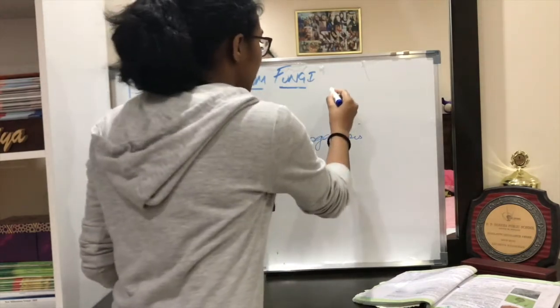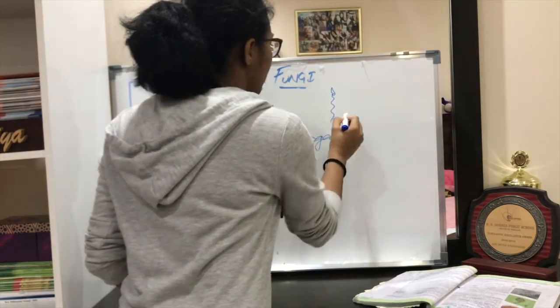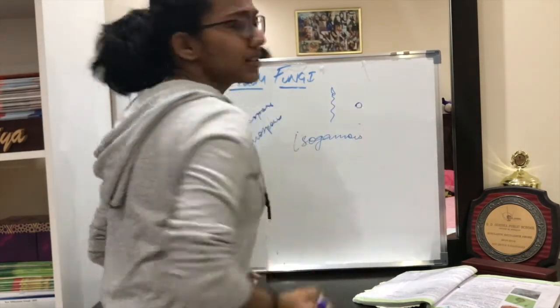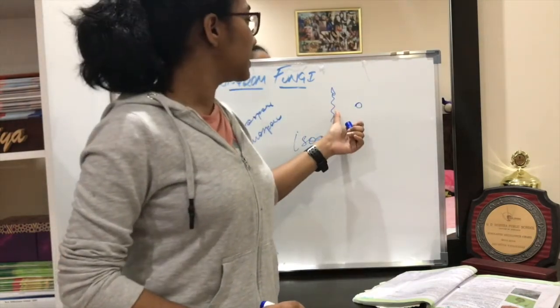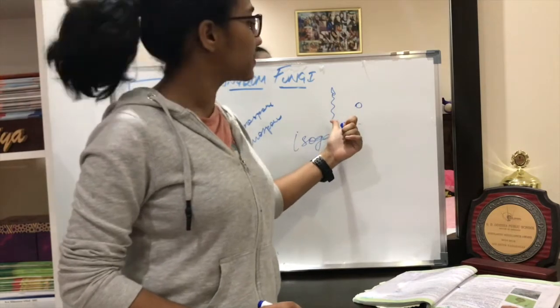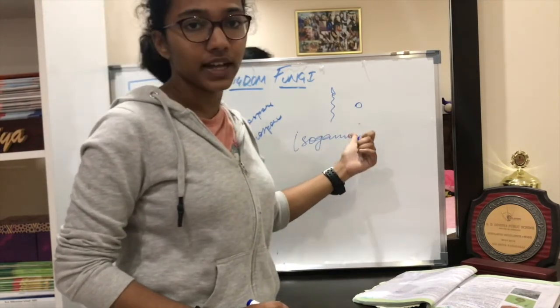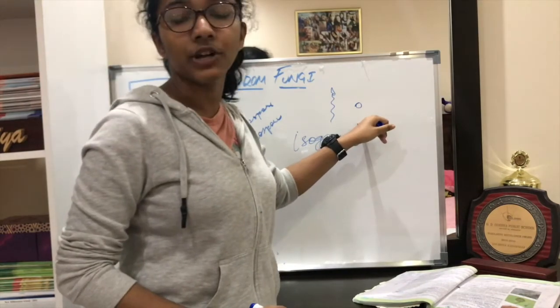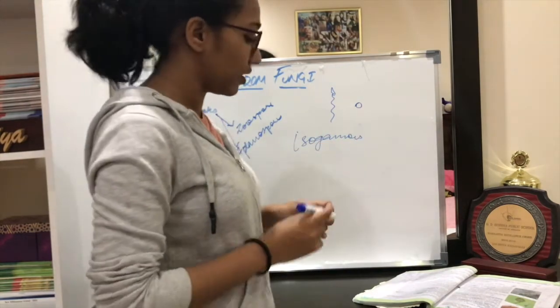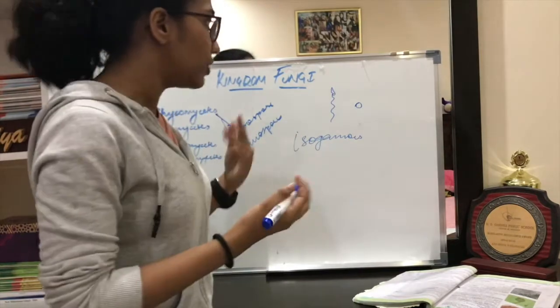How does a sperm look? Almost like this. Egg is like this. They have completely different shapes, right? So these are known as oogamous, in which the sperm, the male part, is motile and small, and the female part is large and non-motile. These are oogamous gametes or spores.